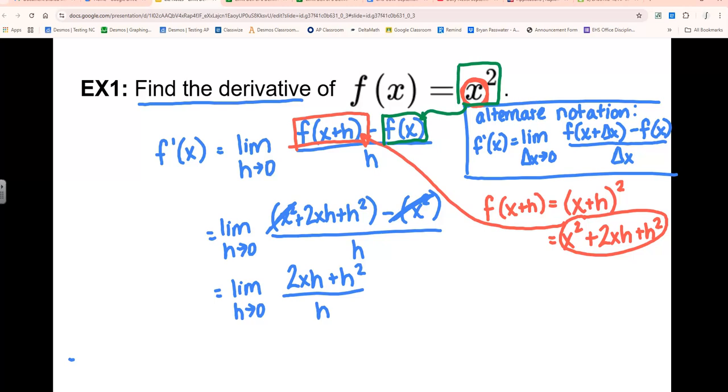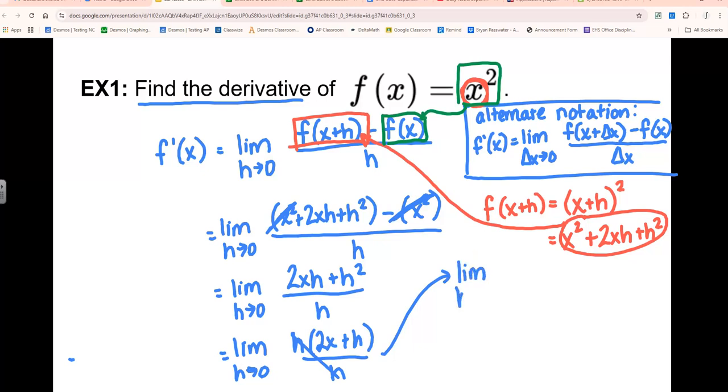What you should see is everything should have an h with it, so we can factor out an h. So we got 2x plus h over h. Our h's can cancel. So now we're just doing the limit as h approaches 0 of 2x plus h.